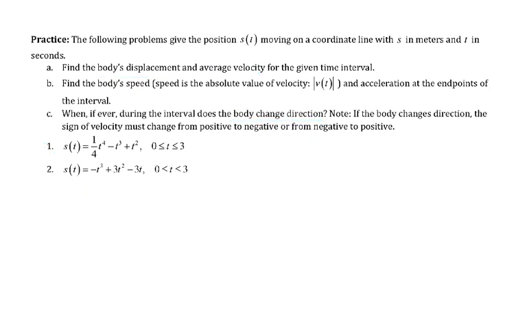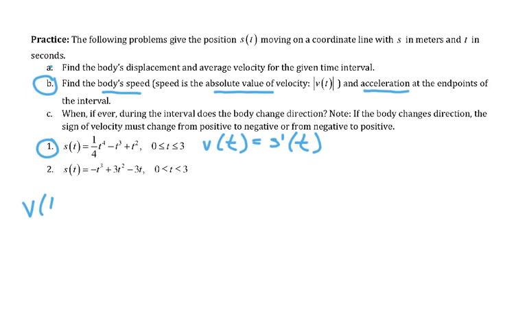Now we're going to work on part B. Find the speed and acceleration at the endpoints. So we need the velocity function. And remember, velocity is going to be the derivative of our position function.